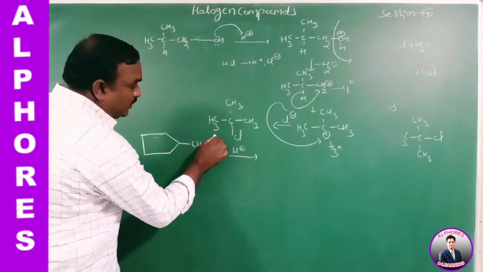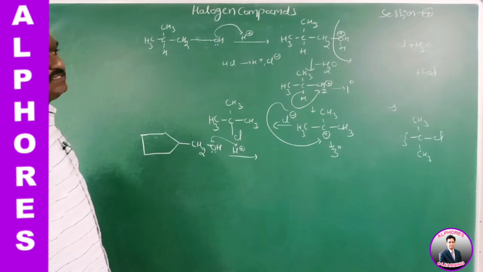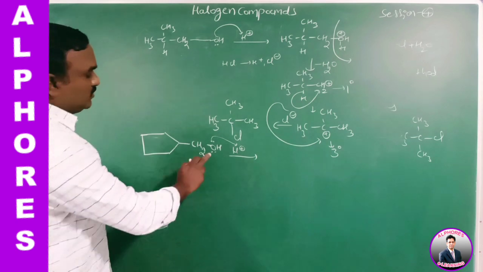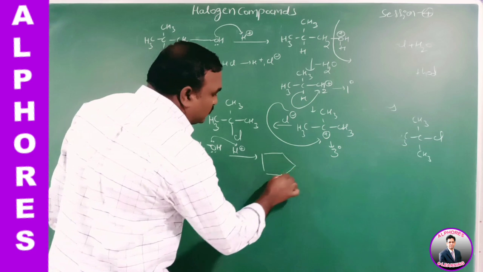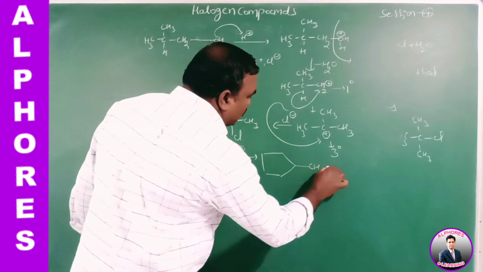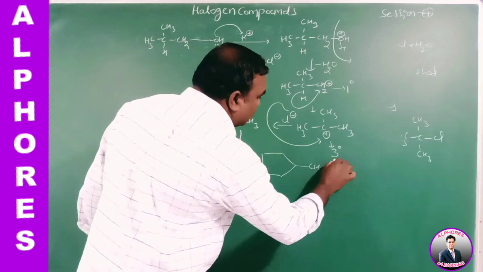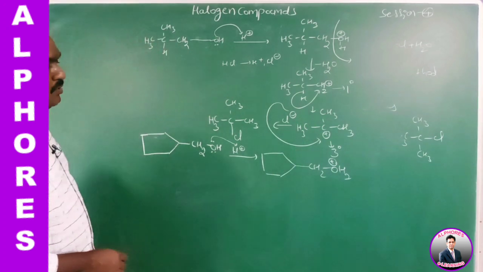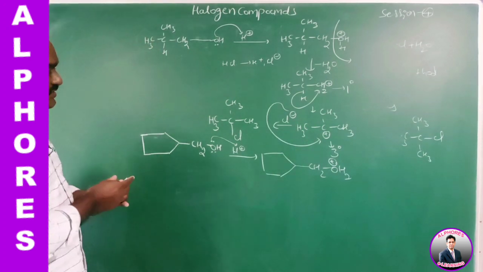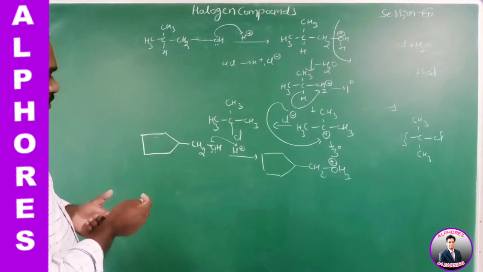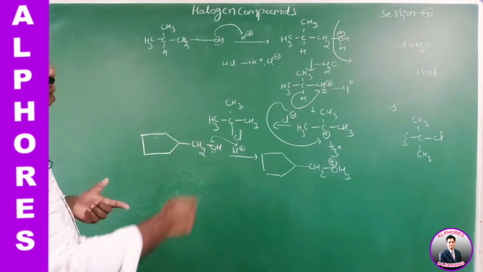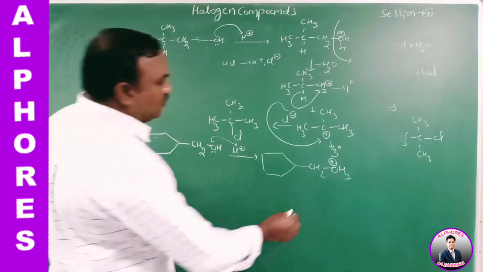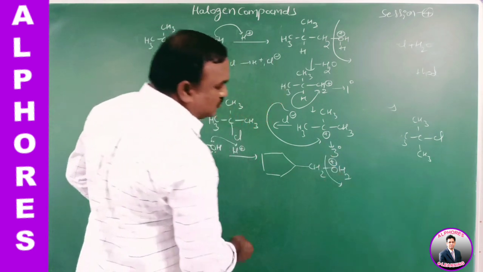The lone pair electrons donate to the H plus, and the OH group converts into H2O. OH minus is a very bad leaving group. Whenever H plus is added to the OH group, it converts into a good leaving group. Now water is removed.